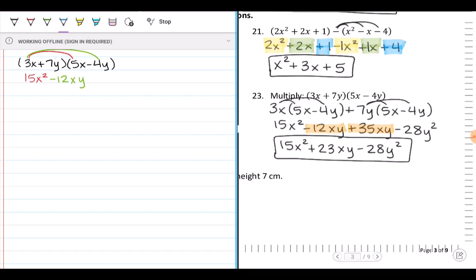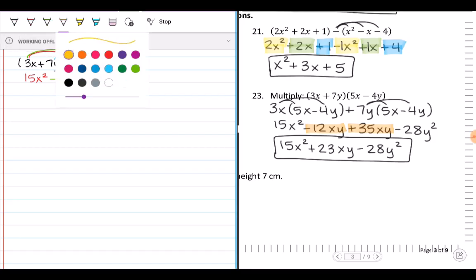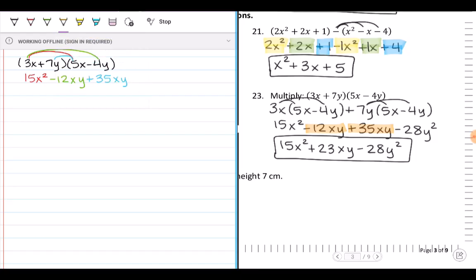Then you take your inside terms, 7y times 5x, which would be positive 35, and again, I'll just write this as xy. And then you take, let me change that color to something else, your last terms, which is 7y times negative 4y, and you get negative 28y squared.